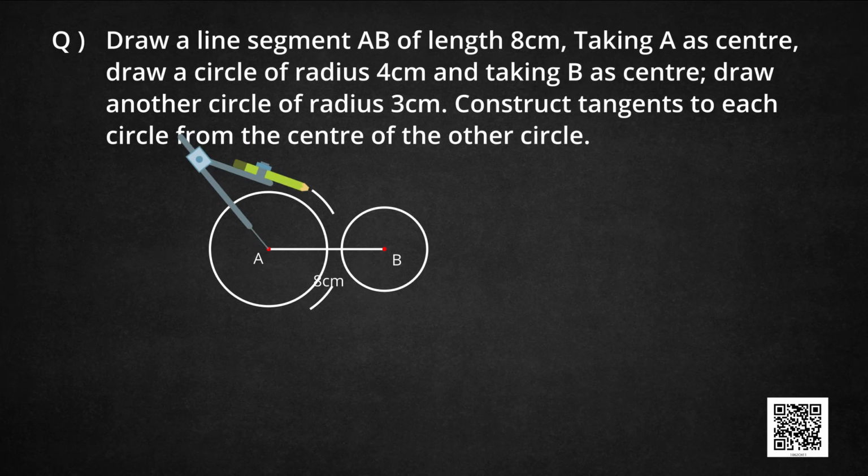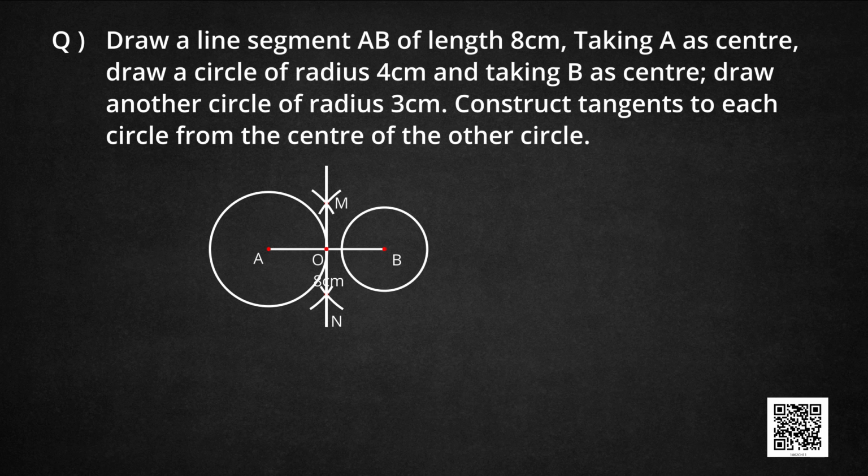Now with the same radius and keeping the tip of the compass at point B, draw two arcs, cutting the previous arcs at two different points. Let us name these points as M and N. Join MN. The point where it intersects AB, let us name this as O.